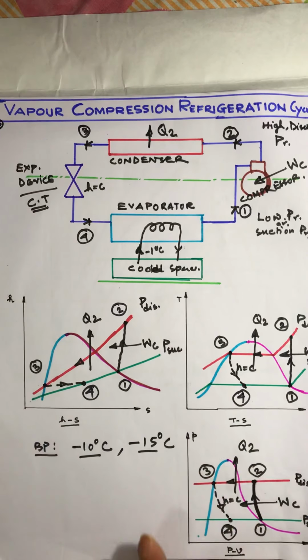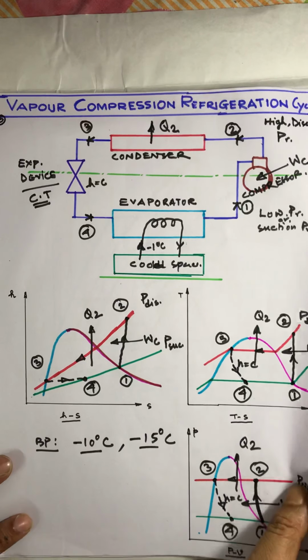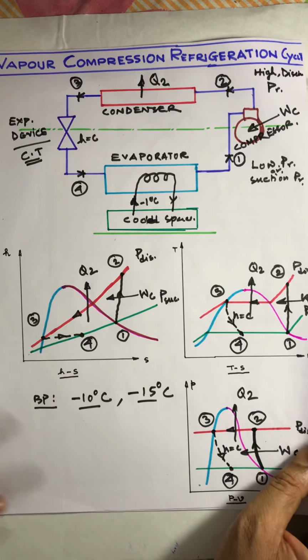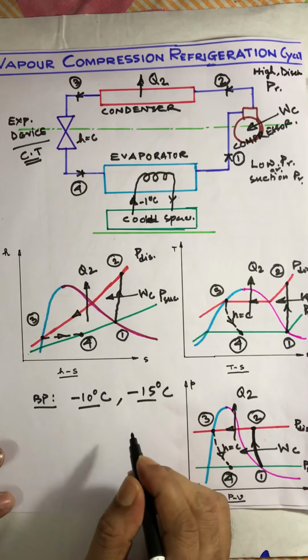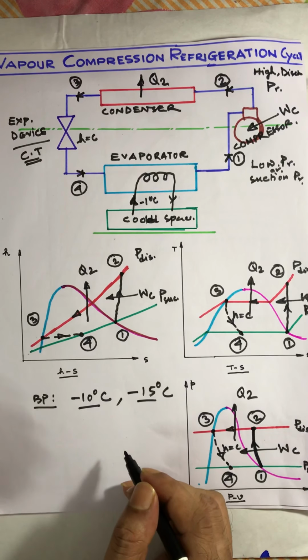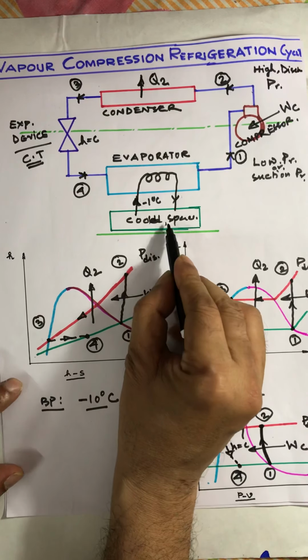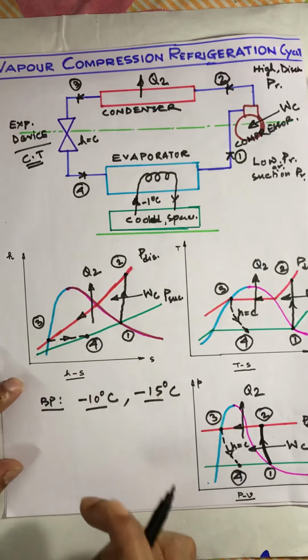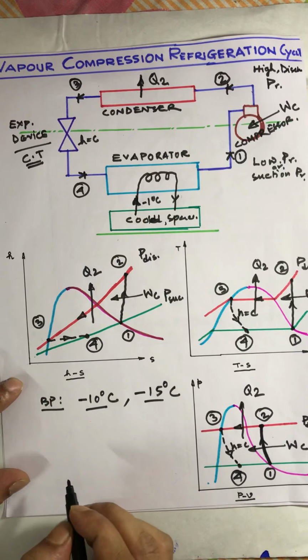I use this just as an example. So, due to this temperature difference, the working fluid will take heat from the air which is passing around it, which is just coming from the cold space, and it becomes evaporated. So, that is the basic working principle of the evaporator.